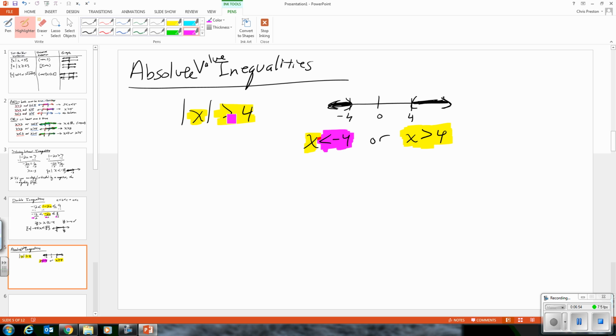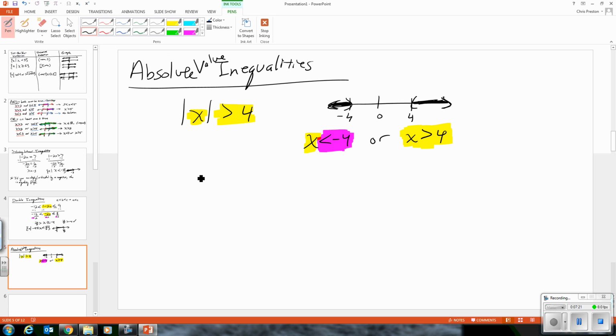See how that inequality symbol and the sign of the number have both changed. If you remember when we did equations, you'd get one equation that looked exactly the same as what was in your problem, without the absolute value bars, and then a second one where you change the sign of the number on the other side. Well, we're seeing that happen, but we're also changing the sign of the inequality at the same time.